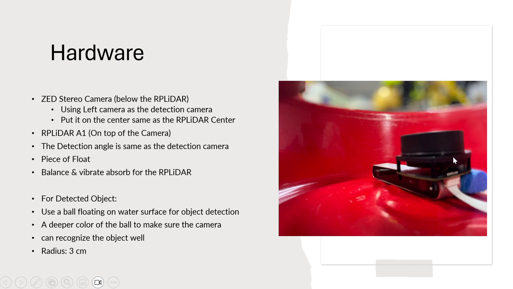Also, at the back there is a blue float, which balances and absorbs the vibration from the RPLiDAR so it can detect more accurately. For the detection object, we use a ball floating on the water surface, in a deep color to make sure the camera can detect it.